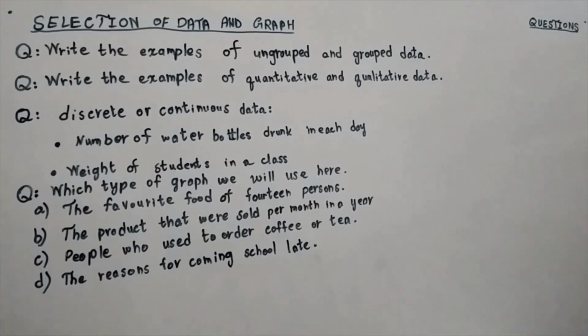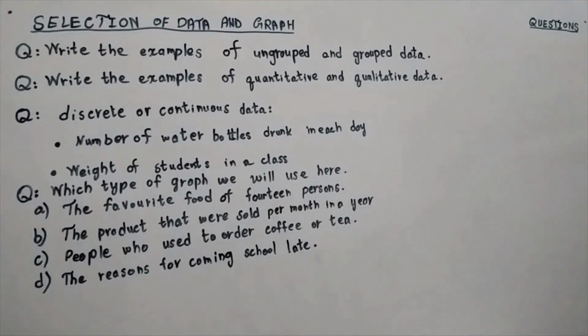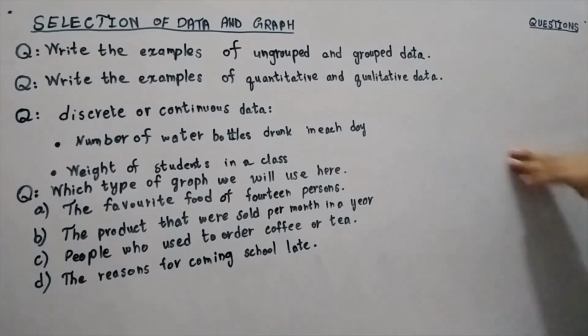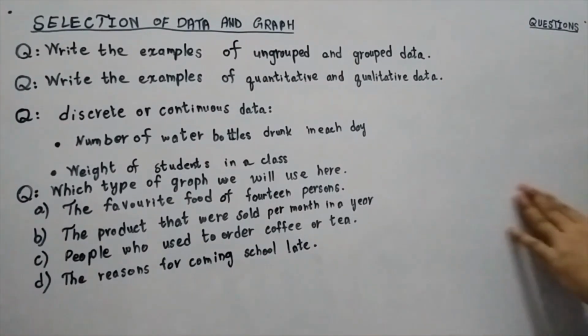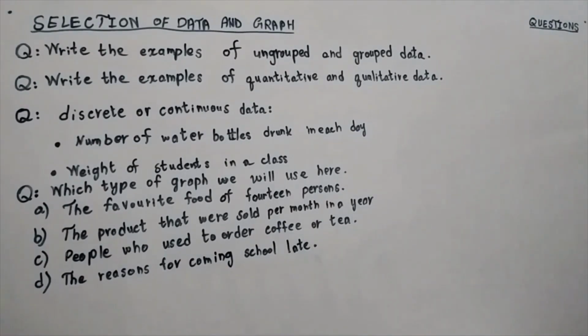So here I will get a discrete number. Actually it is similar to ungrouped and grouped data, because discrete means ungrouped data and continuous means grouped data. So here I have to tell whether we will get ungrouped data or grouped data.